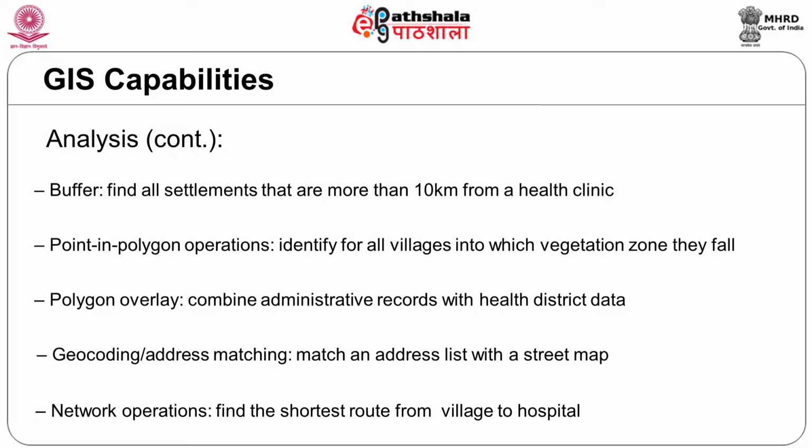Now, coming back to the next one, point in polygon operations, wherein we identify all the villages into which this particular vegetation falls. Of course, this is a very crude example.